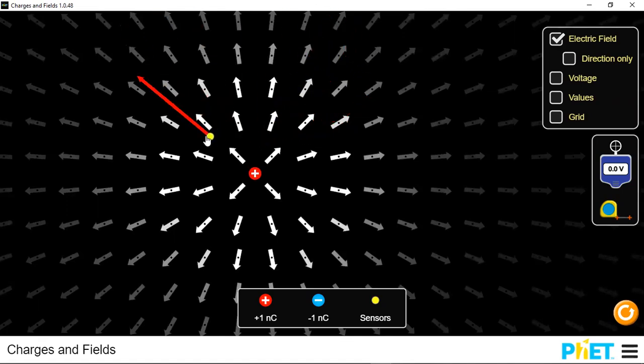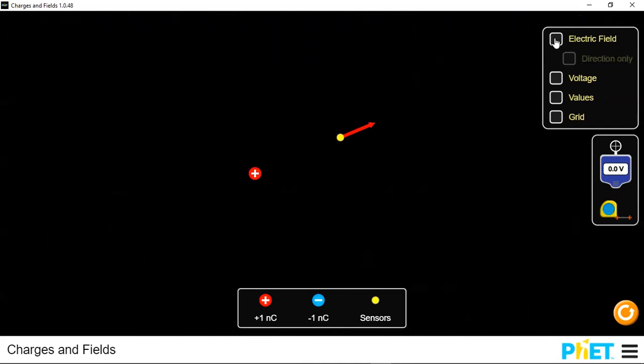And wherever I move my test charge, those white arrows, which are the electric field, will show the direction of the force that would be experienced by this test charge. Okay, so that's very simple, just for a single charge. Let's switch off the field and let's see what would happen if we had, for example, a negative charge.